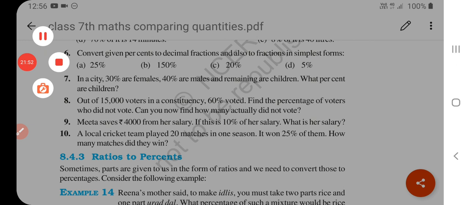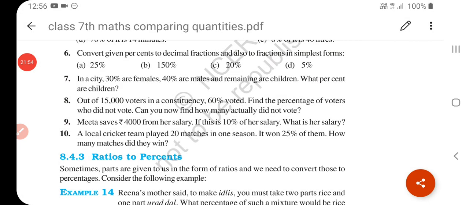Okay, understand? This way you have to complete exercise 8.2. Complete questions 4 to 10 in your notebook, as shown.